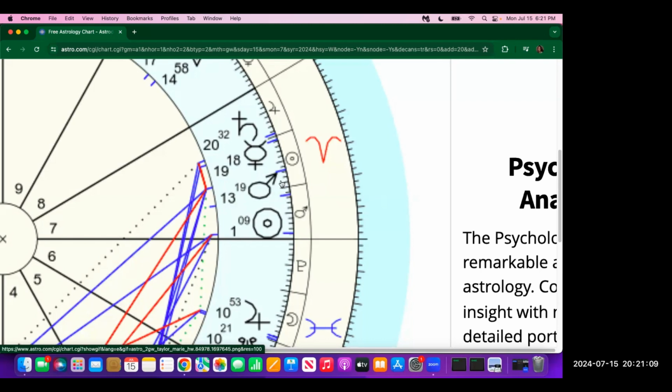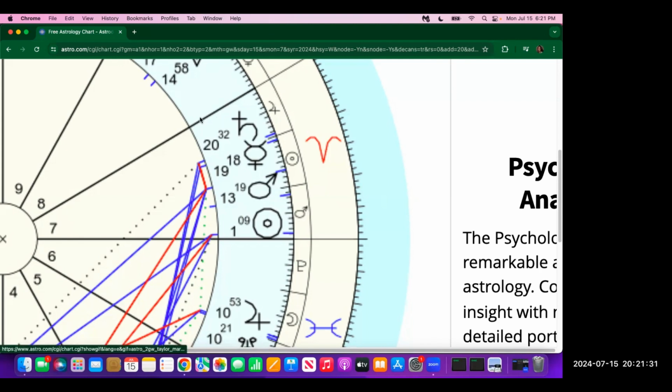So for me, for example, it's in my 7th house. I'm not an Aries rising, but if I was to look for Mars, I would look for this symbol and I would go to the center of the circle and look at that number. That number indicates what house that planet is in. So if you are an Aries rising, I would look for Mars and what house that's in your chart.